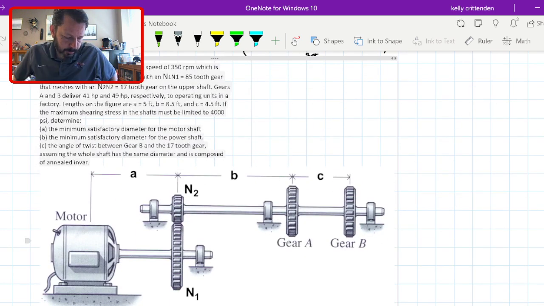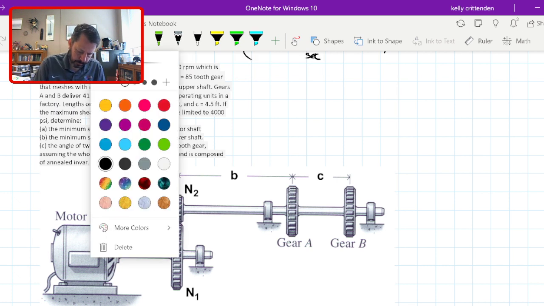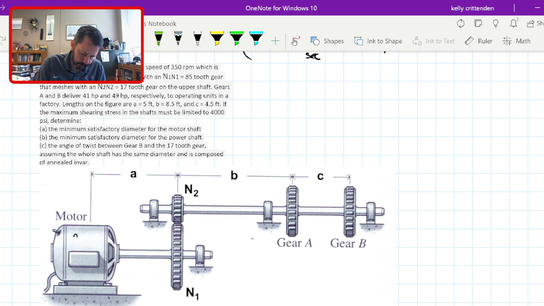All right, so we've got a 90 horsepower motor. And it is developing that 90 horsepower at a speed of 350 RPM. So this little shaft here, 350 RPM.